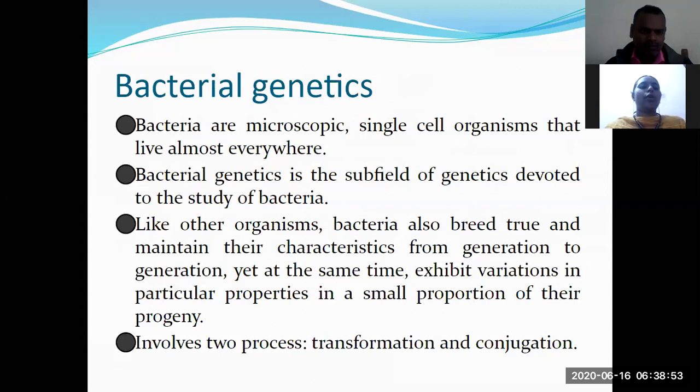That's why in this corona period, we are washing our hands and using hand sanitizer. Why? Because there may be possibilities to transfer bacteria or virus or microorganisms to the body by means of hands. Okay, so it lives almost everywhere.